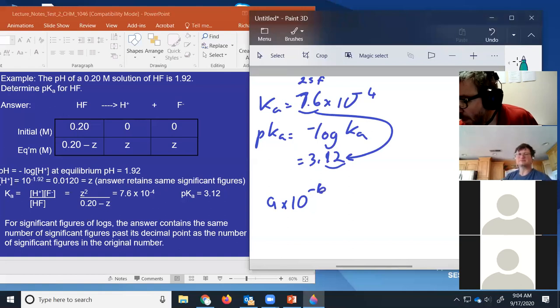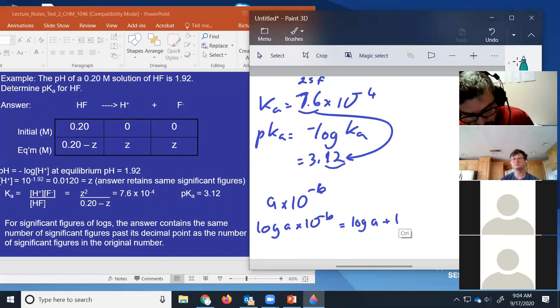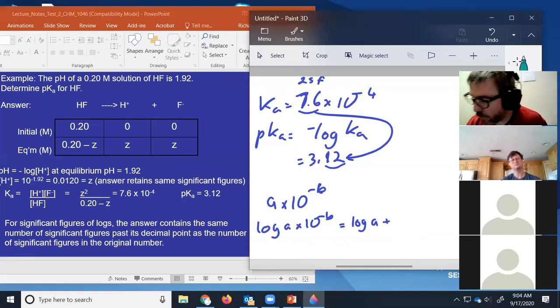If you take a log of A times 10 to the negative B, that is going to be the same as log of A plus log, well, it's going to be effectively negative B. Because when you take the log of 10 to the power of something, then it just becomes that number. So you just end up again with the exponent.